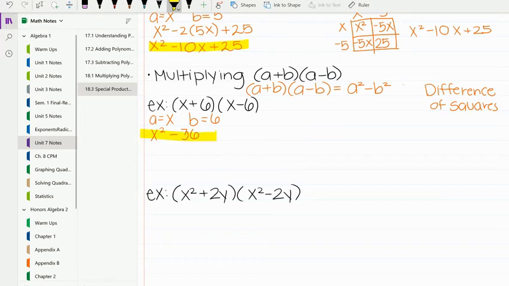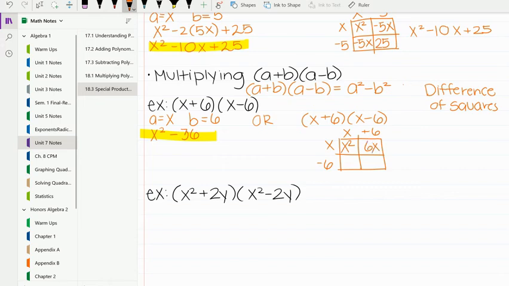That was super fast, right? Way faster than doing the box. Now, again, if we still don't like it, we could still do the box, or we could still do FOIL. I'm going to go ahead and do that because it's good practice anyway. So we would have (x plus 6)(x minus 6). x squared in this box, then 6 times x, which is 6x.